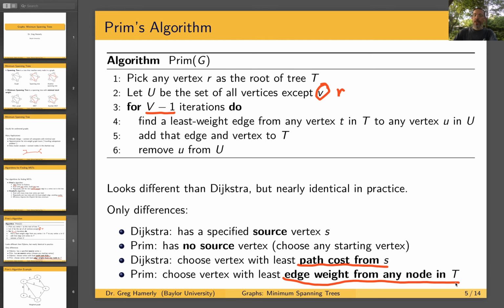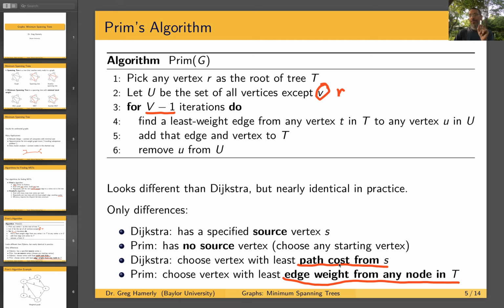Again, in Dijkstra's algorithm, the vertex with the least path cost from S to that vertex. In Prim's algorithm, the least edge weight from that vertex to a vertex in T. So in Dijkstra's algorithm, we're counting path costs.